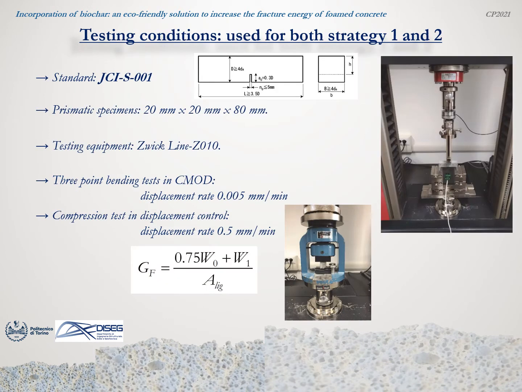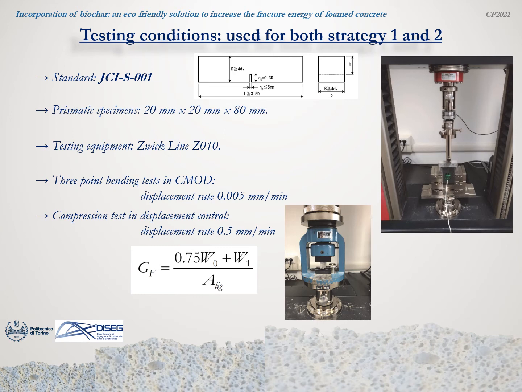In all the presented cases, the specimens were prepared according to the standard shown on the slide. Prismatic beam specimens of 20 mm x 20 mm x 80 mm were tested under crack mouth opening displacement controlled three-point bending tests. A displacement rate of 0.005 mm per minute was used.